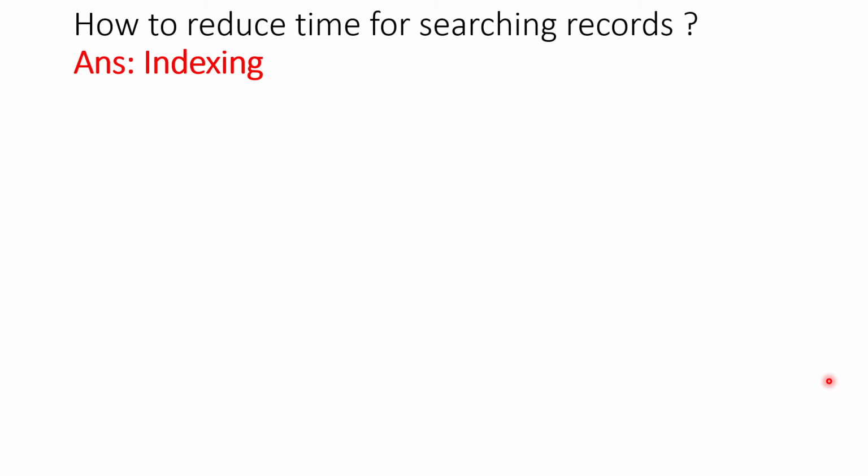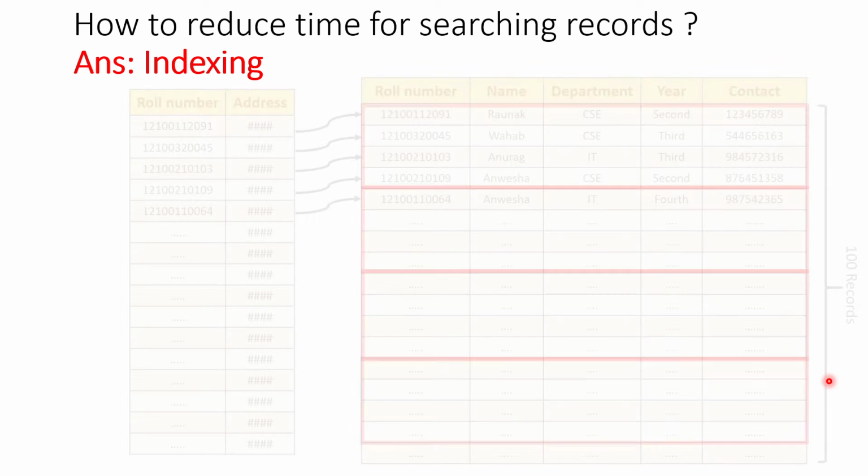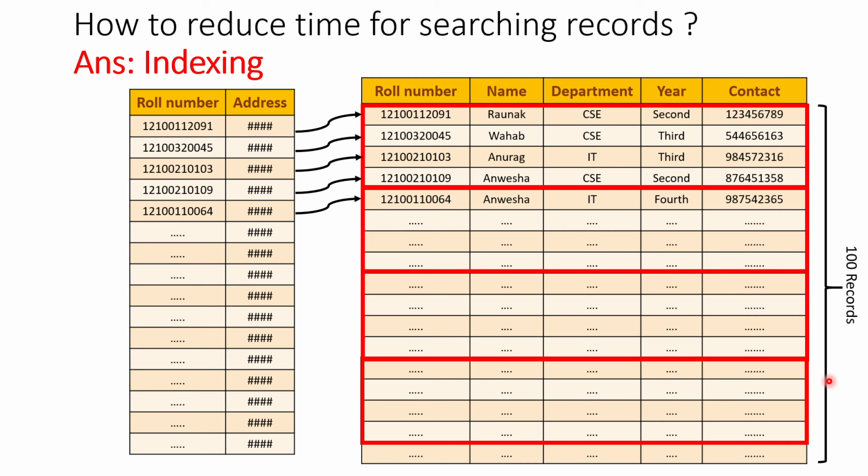So the same thing is what we are going to apply over here. Obviously this table has to be stored somewhere, but the RAM will not search this table directly. We will have one more table, that is the index.